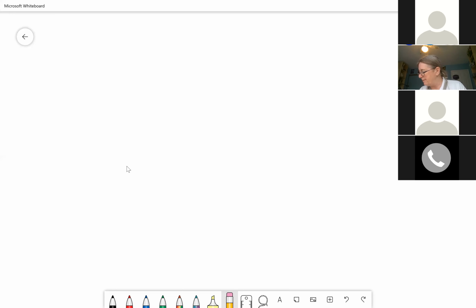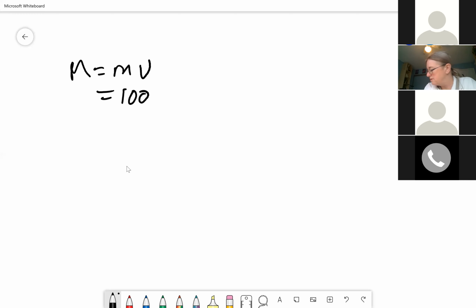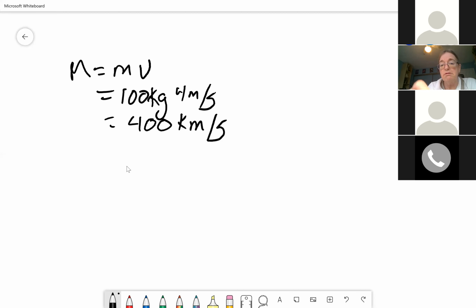Okay, so you have a momentum question, right? Lineman A has a momentum equals mass times velocity, which equals 100 kilograms times 4 meters per second, or 400 kilogram meters per second.